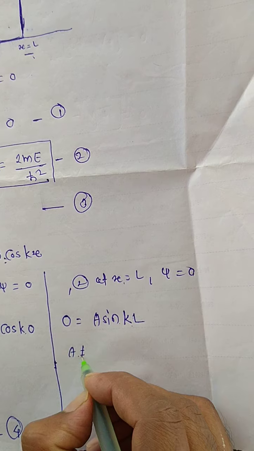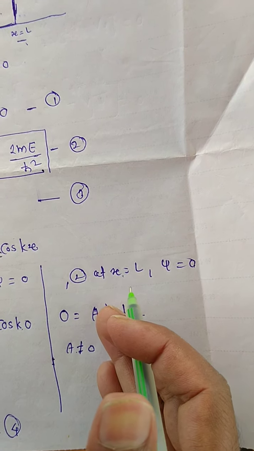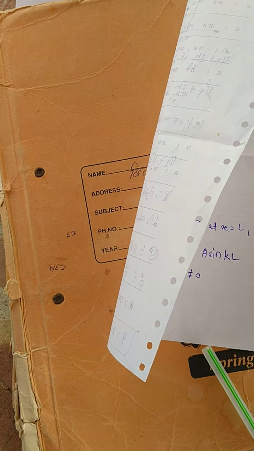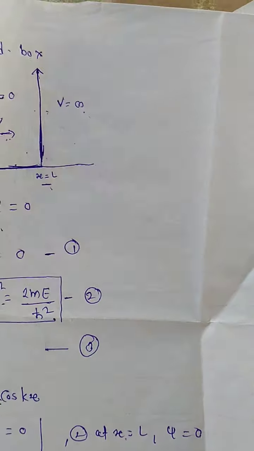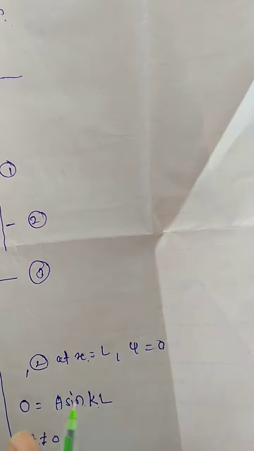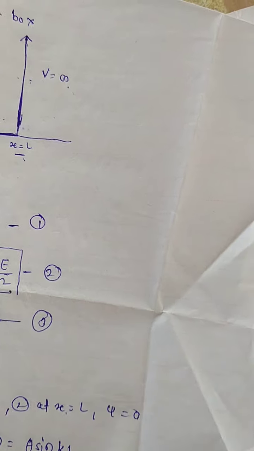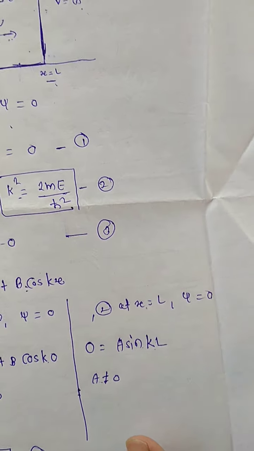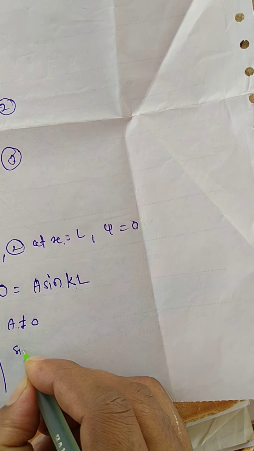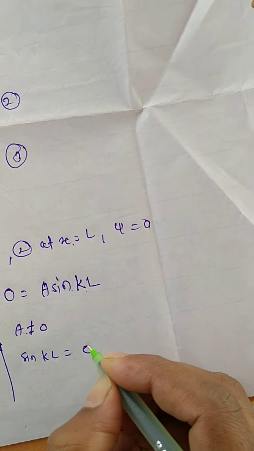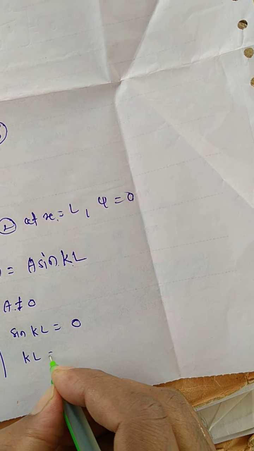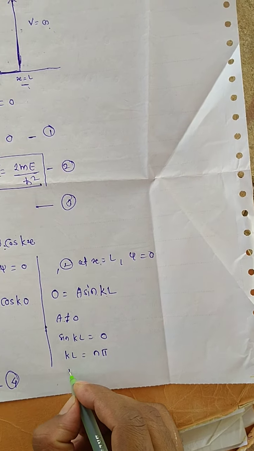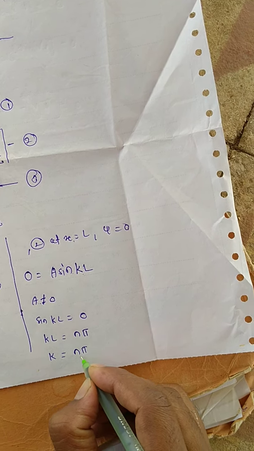Amplitude a can never be 0, because then the wave function would be 0 at all positions and at all times. So sin kL is equal to 0, or kL is equal to n pi, or k is equal to n pi by L.